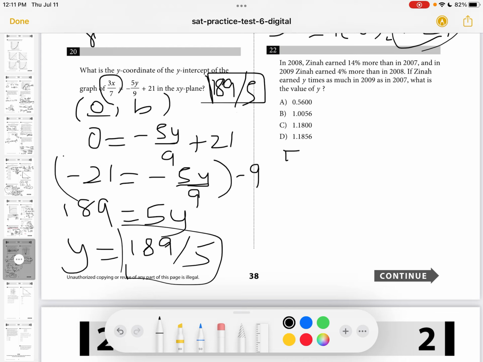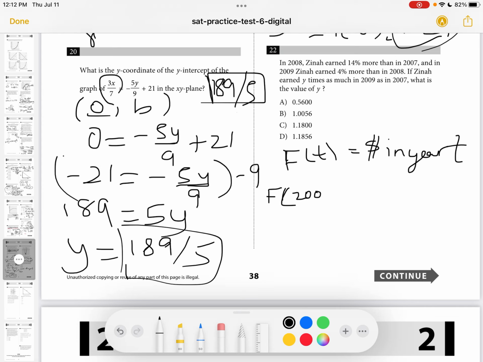So I'm going to call F of T the amount of money she makes in year T. So we can relate F of 2007, F of 2008, and F of 2009 with each other.